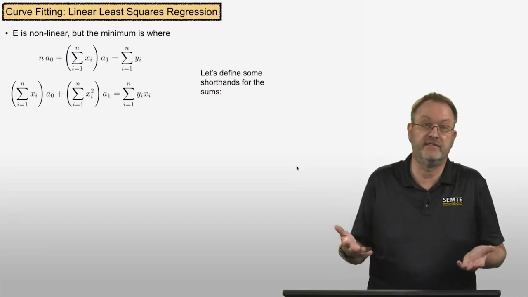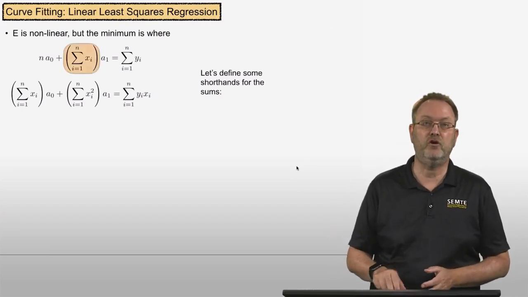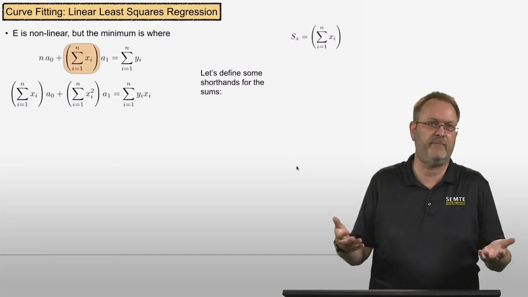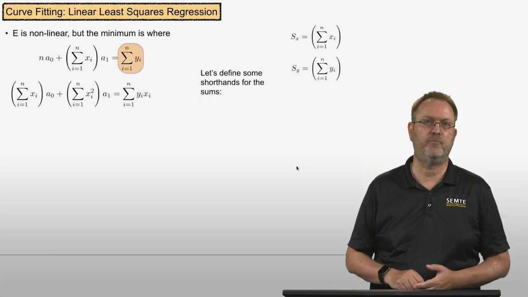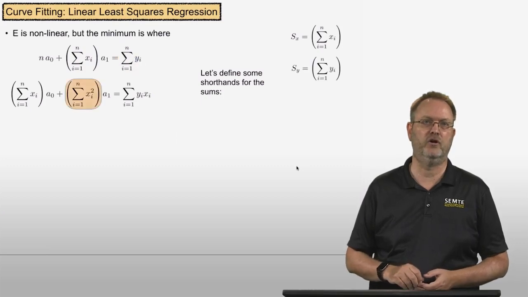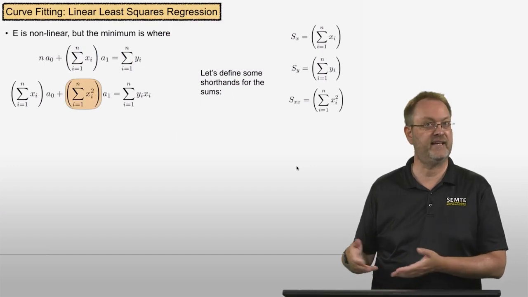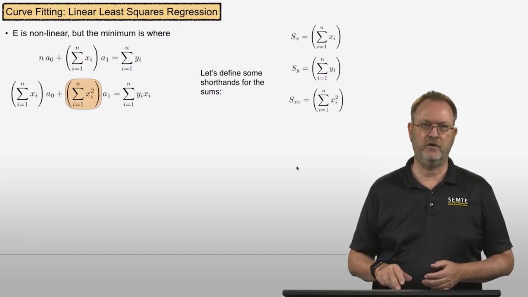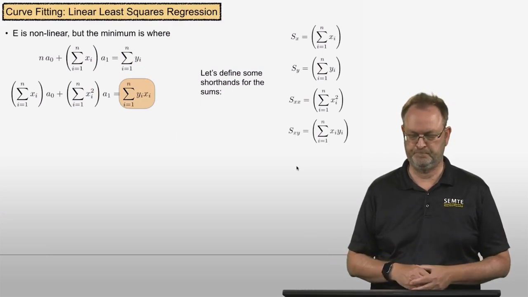Okay, so that's a system of linear equations. And let's define some shorthands for this. Let me call the sum of all the x values just s sub x. The sum of all the y values s sub y. The sum of all the x squared values s sub xx. And the sum of the x times y values s sub xy.